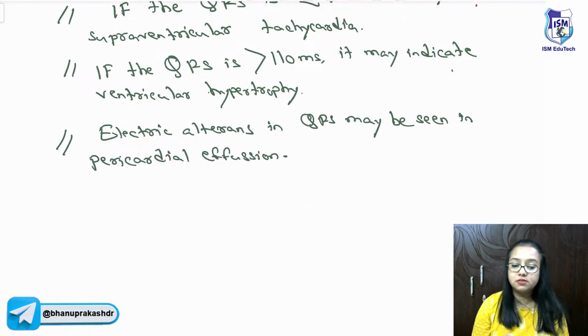Pericardial effusion means there is accumulation of pericardial fluid in the pericardial region. This accumulation will cause the heart to swing back and forth.